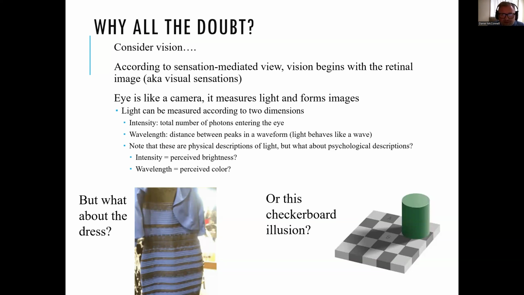So the receptor response at square A and square B is identical, but at the perceptual level of responding, square A and square B are not identical. Square A is dark and square B is light.